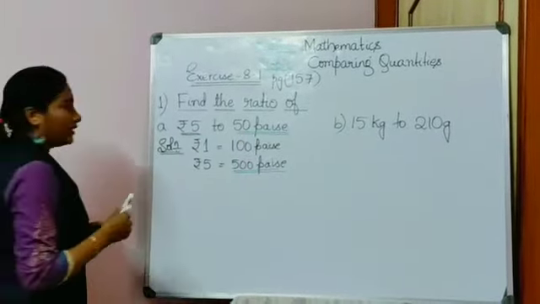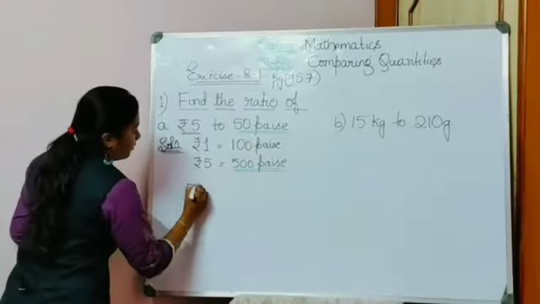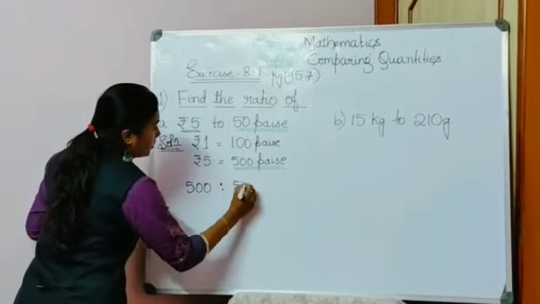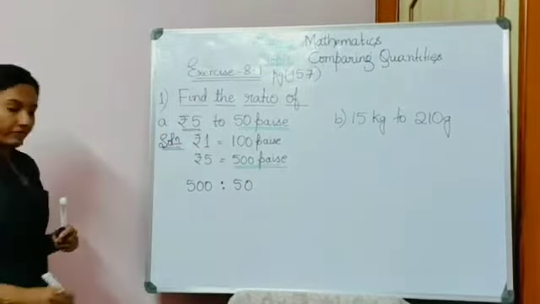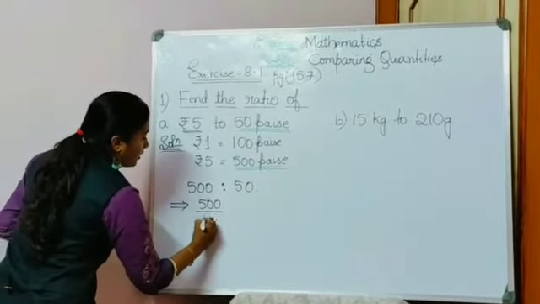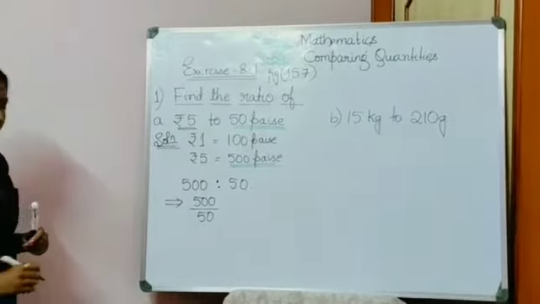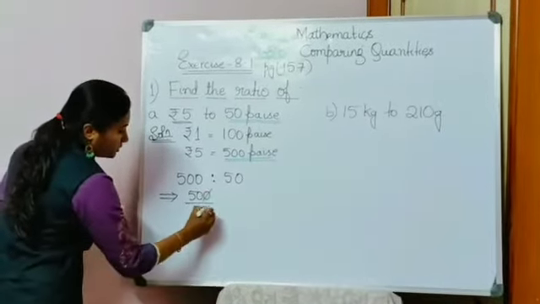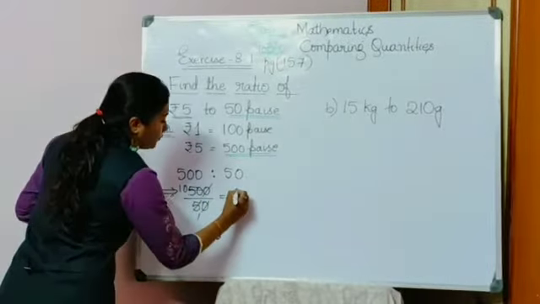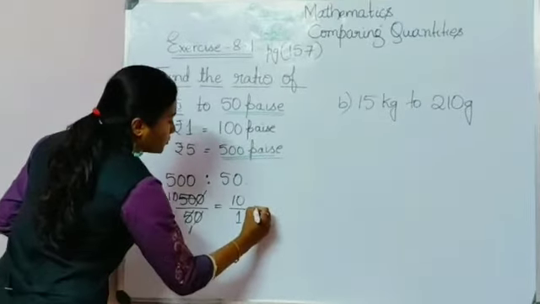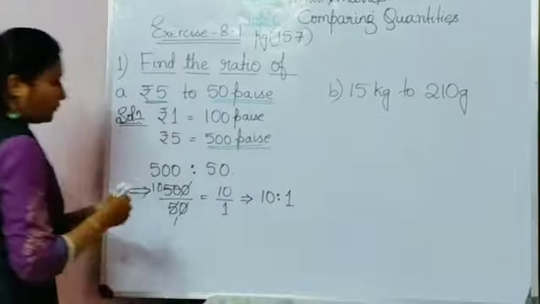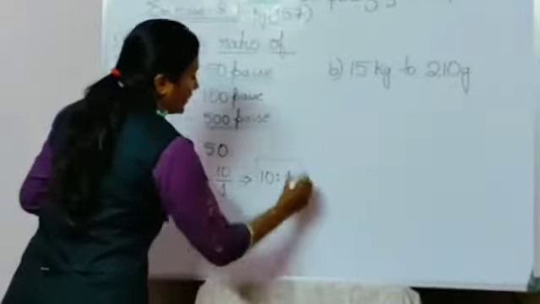So we have to find the ratio 500 is to 50. When we are finding the ratio, we have to reduce. So we get 0, 0 gets cancelled, and 5 ones are 5, 5 tens are 50. So we get 10 by 1. So the ratio is 10 is to 1. This is the final answer.